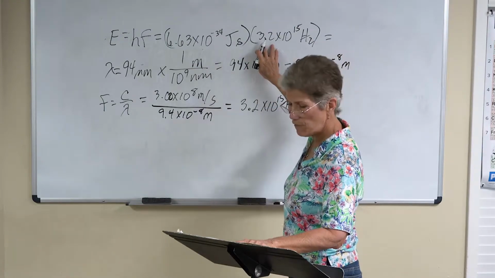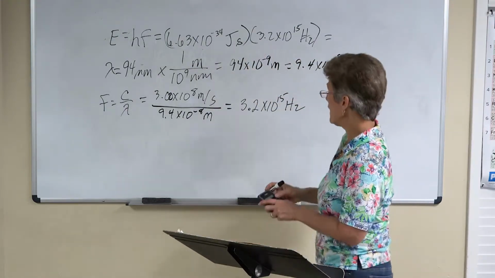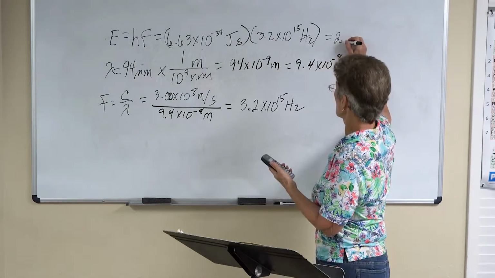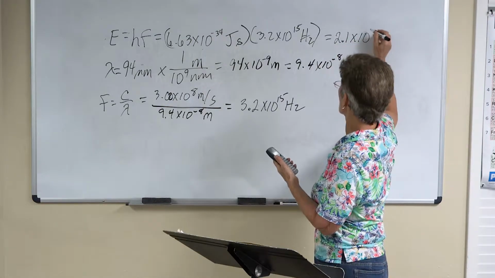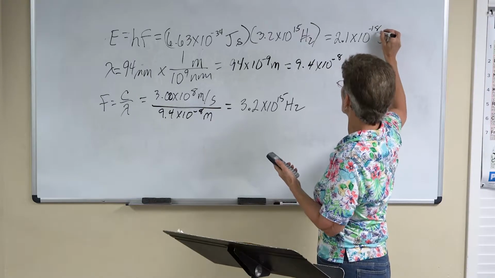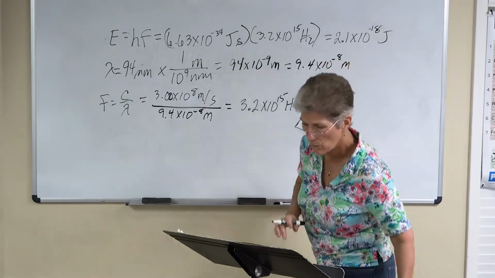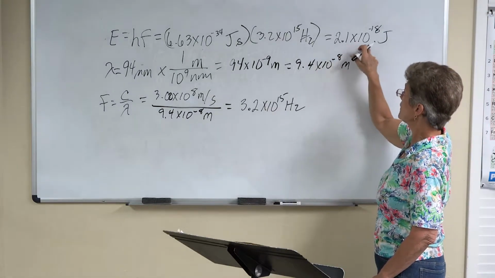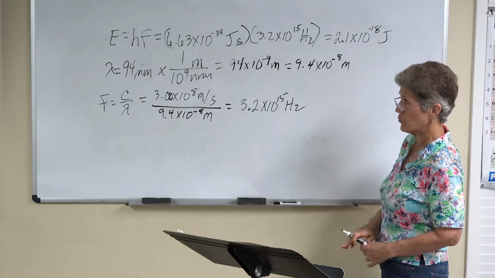We have 2 significant figures, so our answer will have to be in 2 significant figures. So in 2 significant figures, it's 2.1 times 10 to the negative 18th joules.